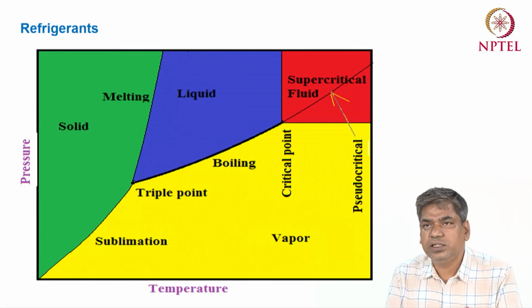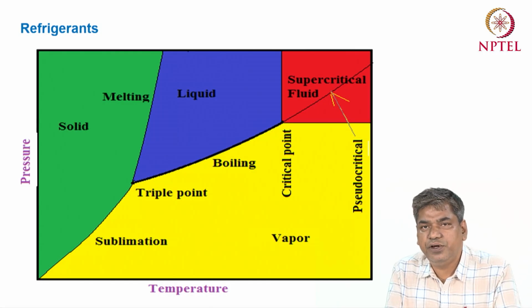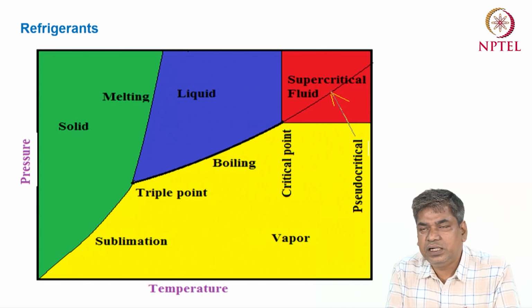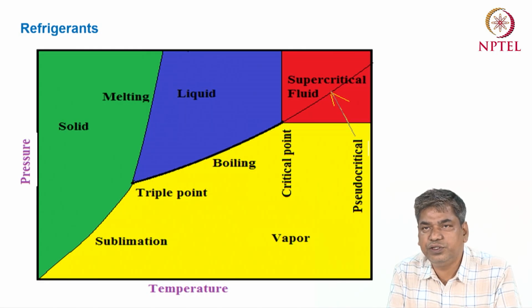Then above the critical point pressure, we can see that line is called the pseudo critical line. In that case there will be a conversion between vapor to liquid or liquid to vapor, but without any latent heat.